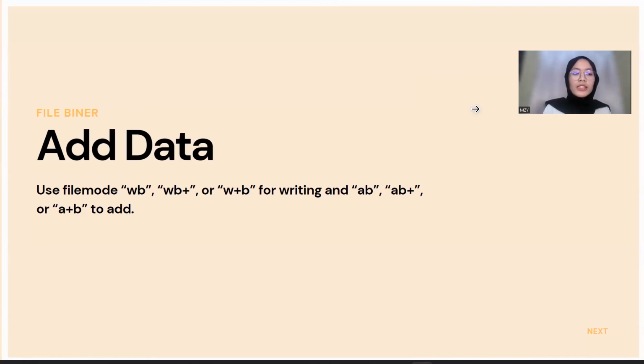Okay, it is basically the same way as we write the data into the file, but instead of using wb, wb+ or w+b as a mode, we use ab+ or a+b to add things to the file. Okay, let's see the example of the code.